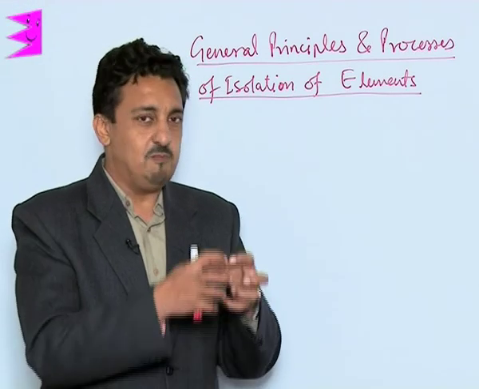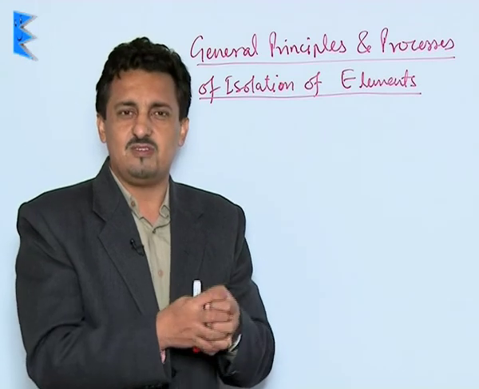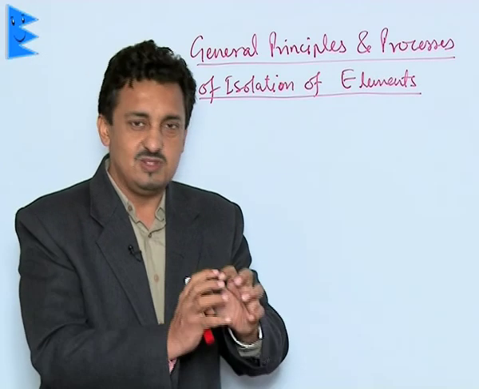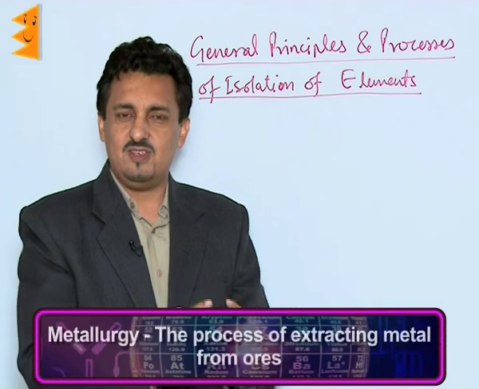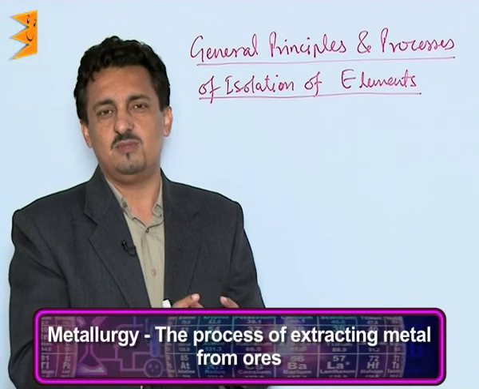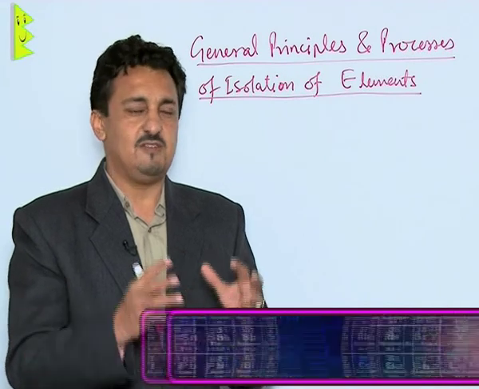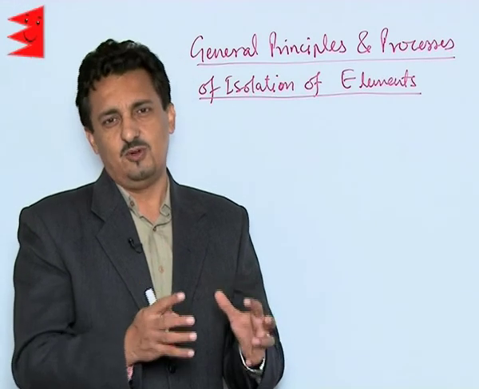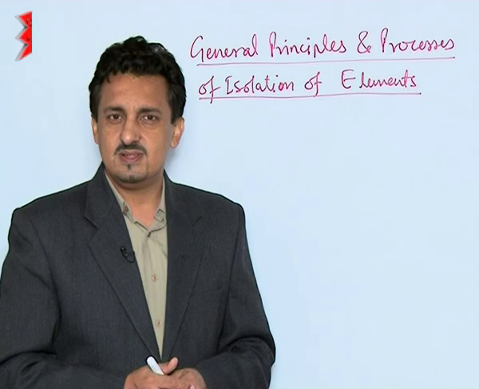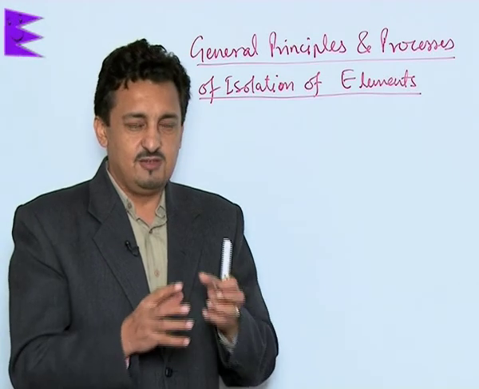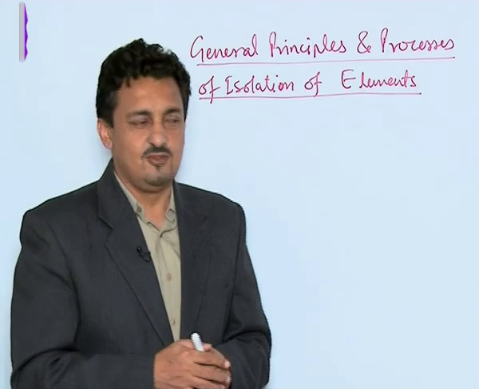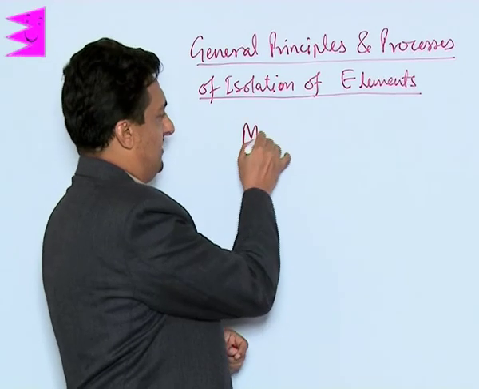That is why the major principles and processes involved in the isolation of elements deal with metallurgy, the process of extracting metals from their ores. All the principles and techniques used for the isolation of metals from their ores are called metallurgy. But before starting this, let me introduce you to certain terms. You need to know what minerals are.